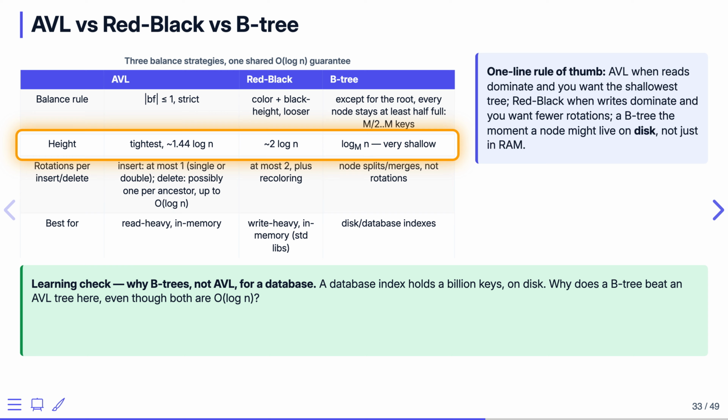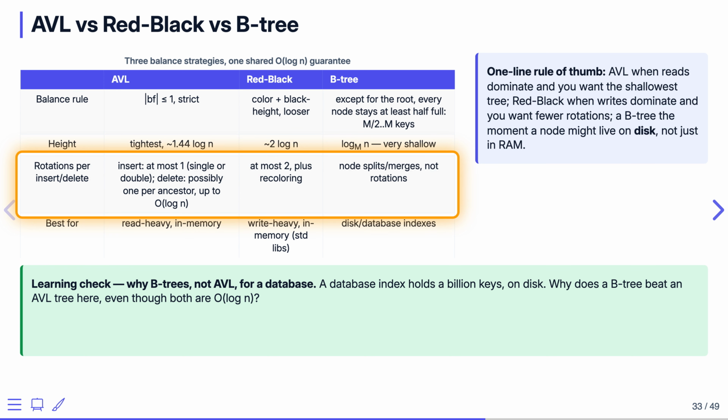Red-black is about 2 times log n. A B-tree is log base m of n, which is very shallow. Third, rotations per update. AVL insert does at most 1, but delete may do 1 per ancestor. Red-black does at most 2, plus some recoloring. A B-tree uses node splits and merges instead of rotations.